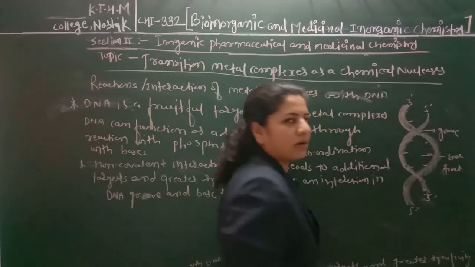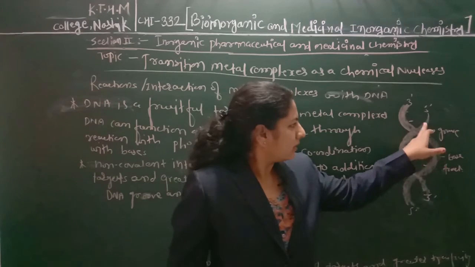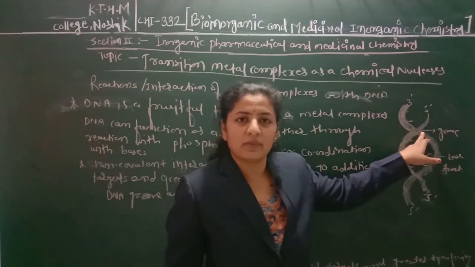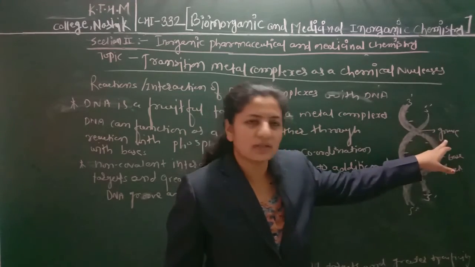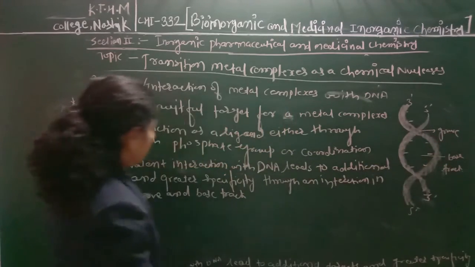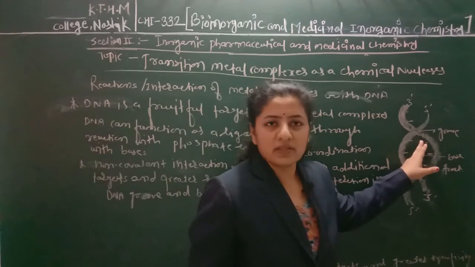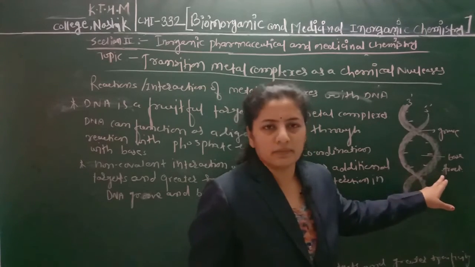The narrow portion developed by these two strands is known as a groove. So the metal complexes interact with DNA either by the groove or by the base track.